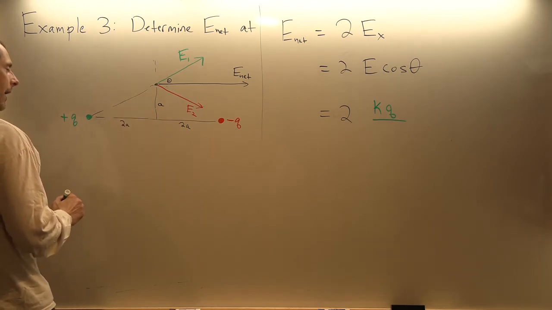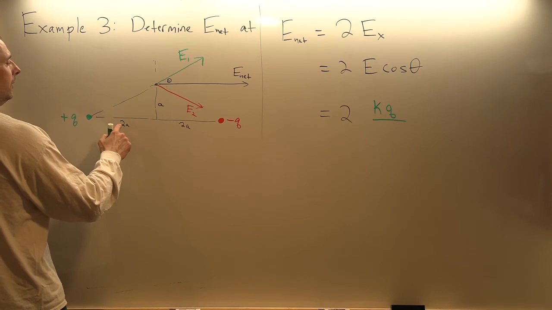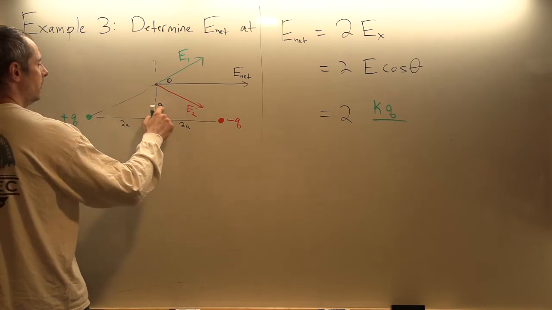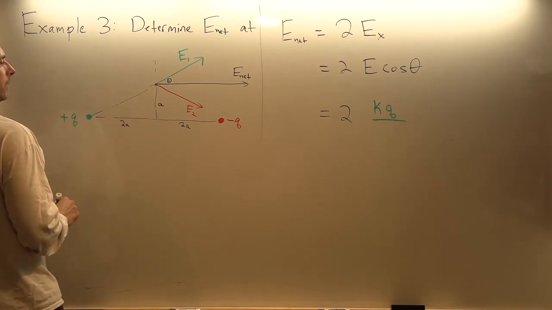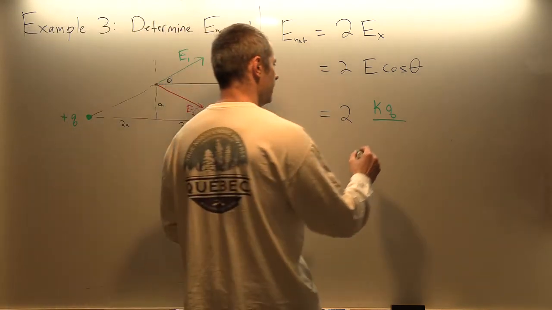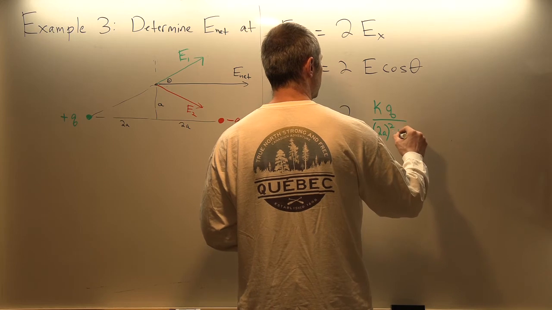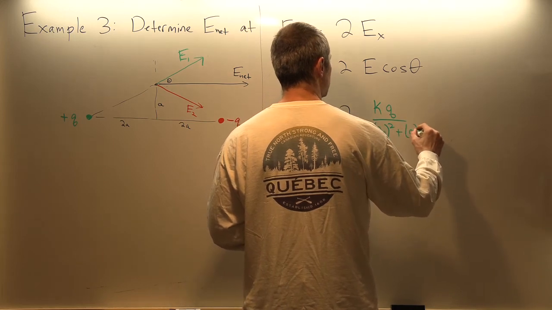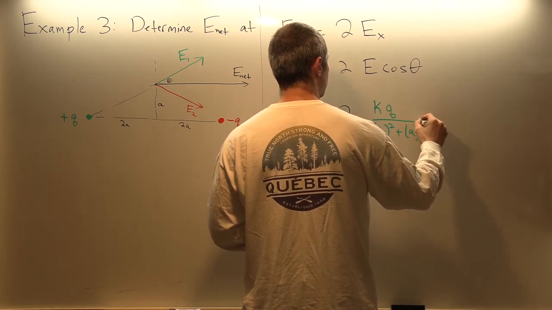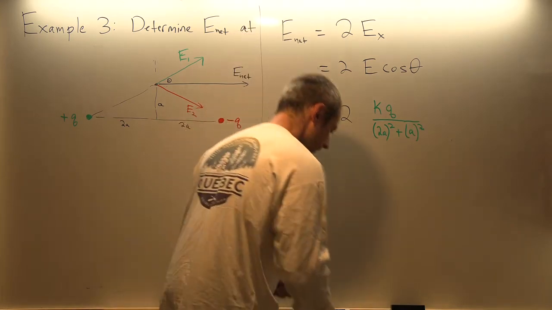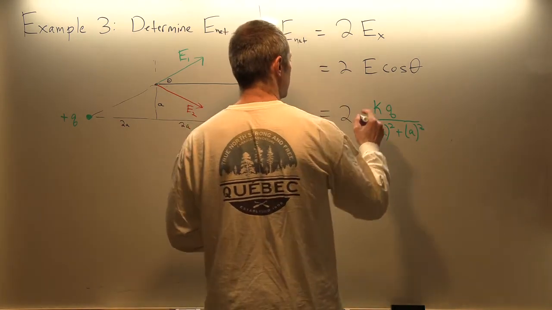So the way I can find that is from the Pythagorean theorem. This squared plus that squared equals that squared. So I can say r squared is 2a, the x, squared plus the y squared. That's the hypotenuse squared.